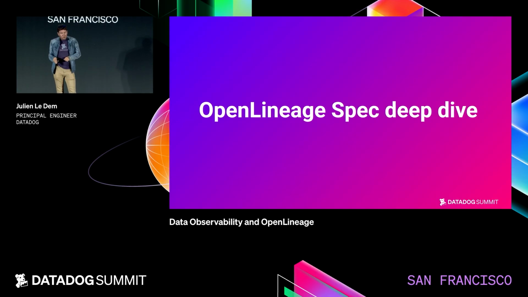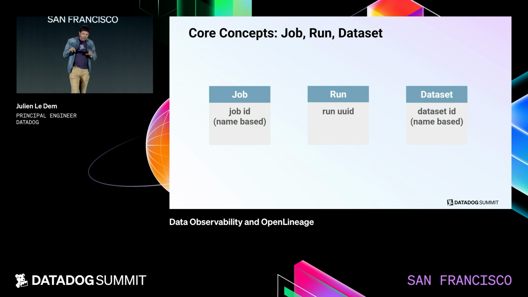Going into more detail on how OpenLineage works, it starts with a simple model of 3 core concepts. You have the job. The job is this thing that is recurring. A job will run multiple times a day, but the run is each instance of the job running. So you will have a job that has a unique identifier that identifies the recurring job, that might be running every hour.